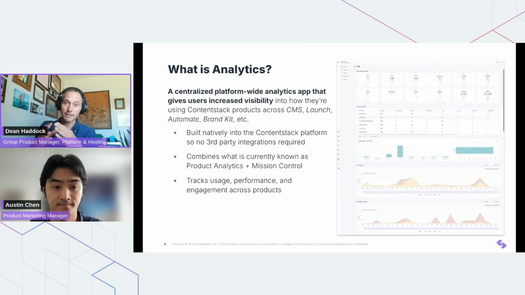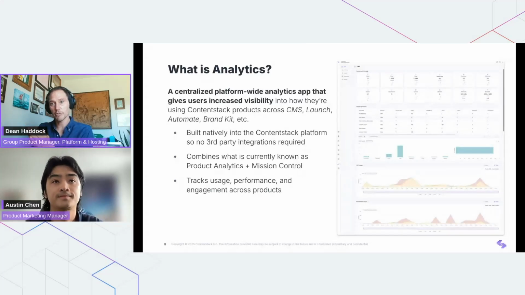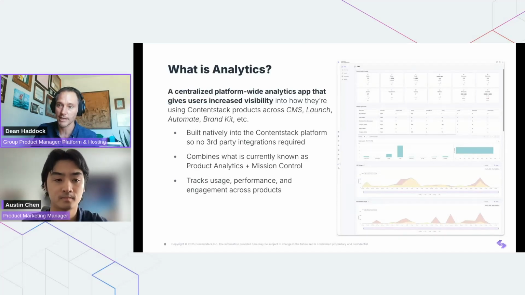So we've combined product analytics and mission control into one concept. We've made sure that we brought the parity over from those two applications when we merged them into one. We've upgraded our charting library, so we have a lot more power in terms of what we can show you visually and how we can help you slice and dice data.